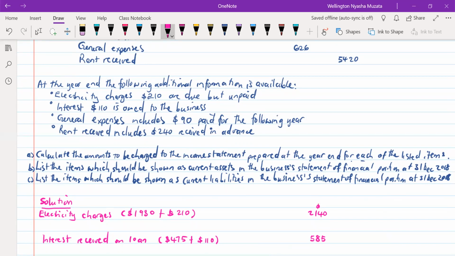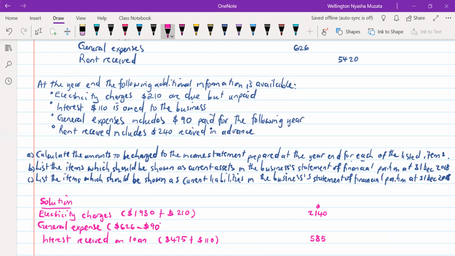Moving on to the general expenses, we're given 626 that was paid, and then we are told that general expenses included 90 for the following year. So we need to subtract that prepayment.